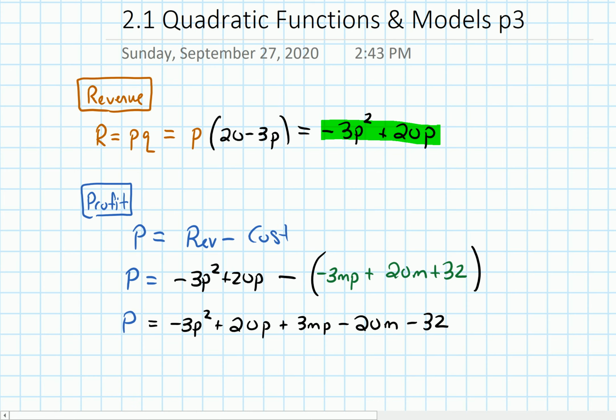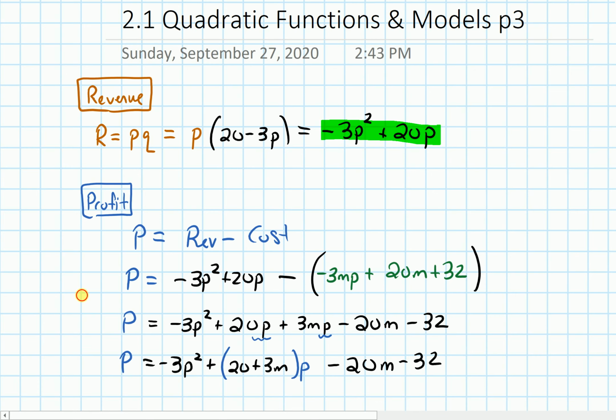I see two terms in the middle that have a p in them. So let's factor the p out of those two terms. So we get capital P for profit equals negative 3p squared. And now if we factor a p out of those two terms, what we'll be left with is 20 plus 3m. And then after that, we still have the minus 20m minus 32.